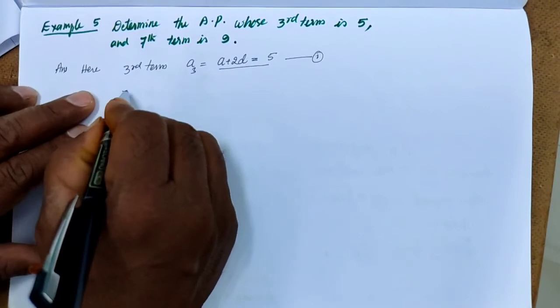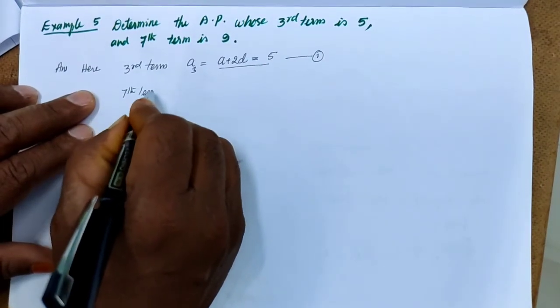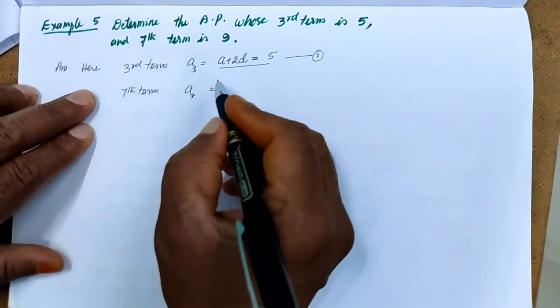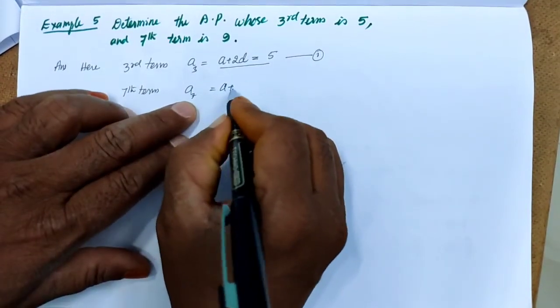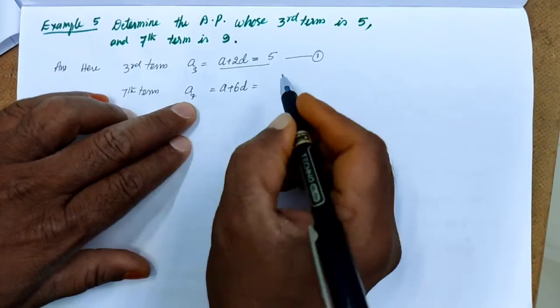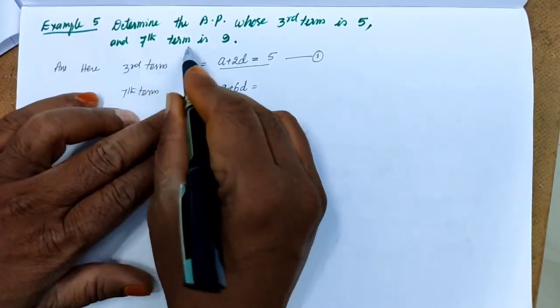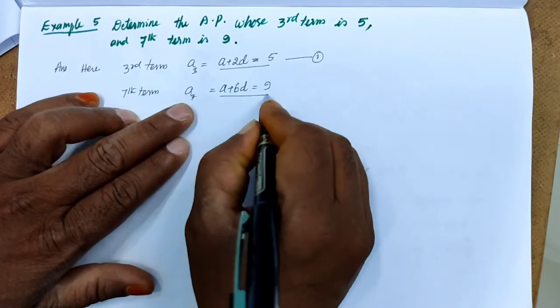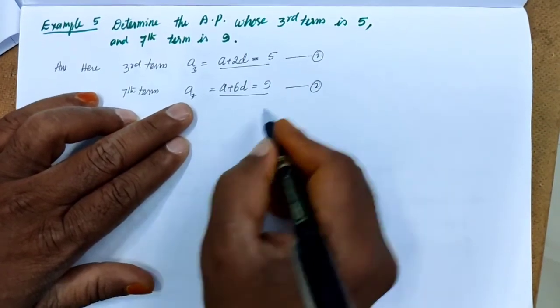And the seventh term, that is a7, in general we write a plus 6d, and according to the problem, the seventh term is 9. Now this is an equation, let it be 2.